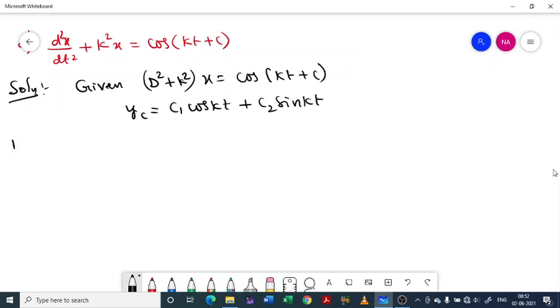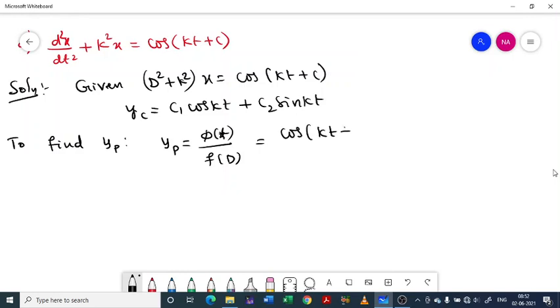To find yp, yp equal to phi of t divided by f of d. It is actually cos of kt plus c divided by d square plus k square.